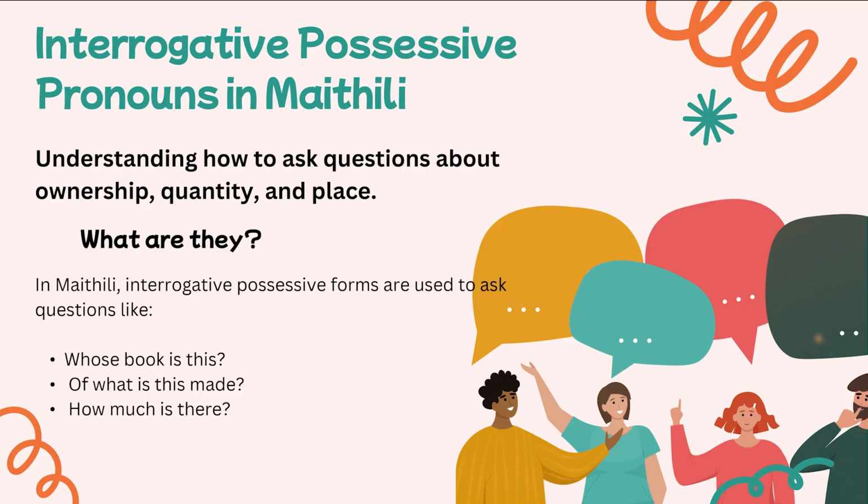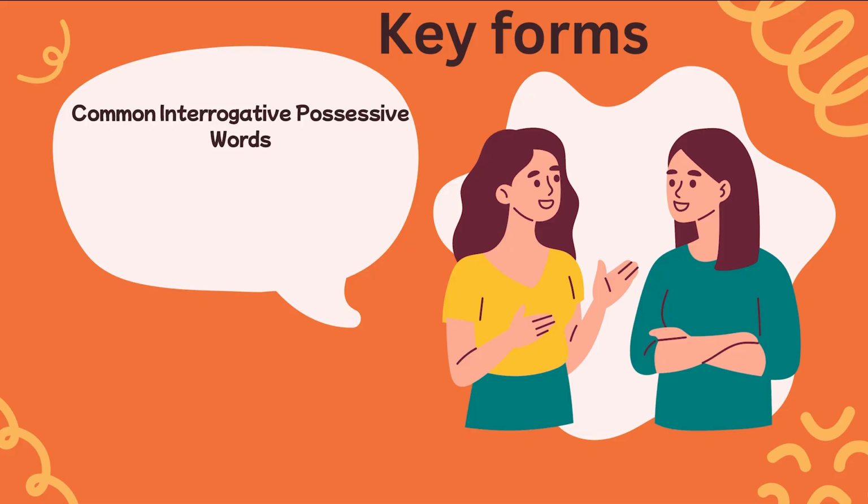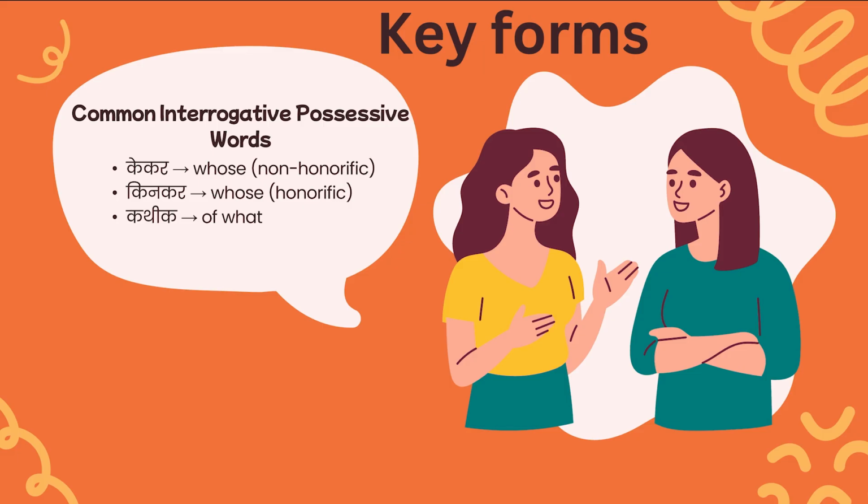How would we say this in Maithili? So, the key forms are common interrogative possessive words. Here you have kecker, which would mean whose, which is non-honorific. Kinkar, which again means whose, but it is honorific if you know to whom it may belong.